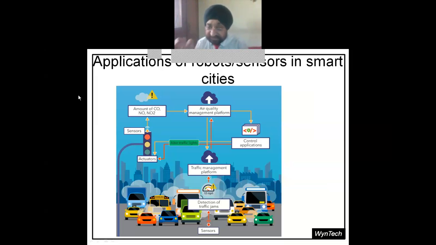So this is an example of traffic management where certain devices, based on sensors or artificial intelligence, based on the earlier pattern, take the decision and then implement it.